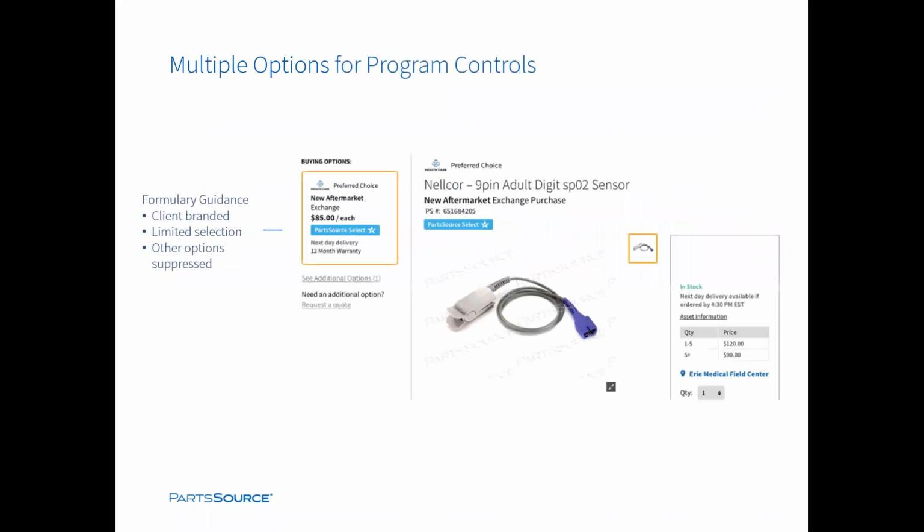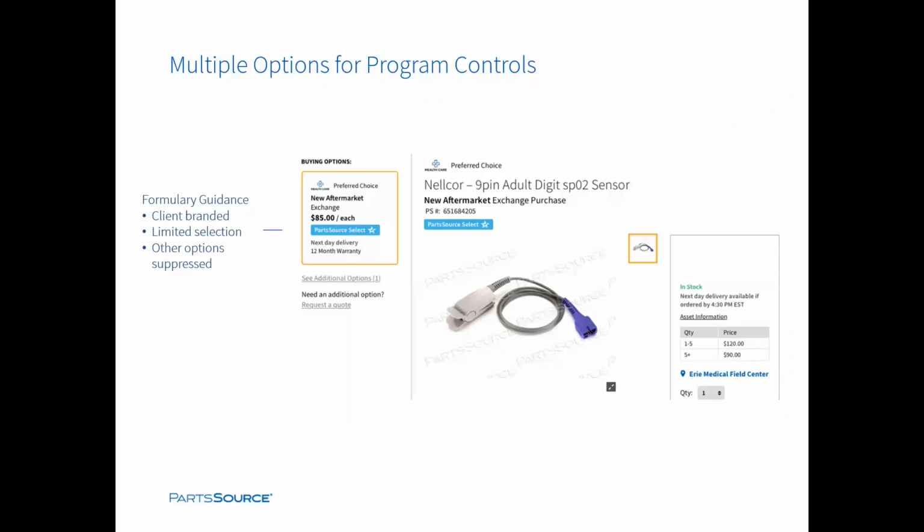So I wanted to give everyone a sneak peek into a brand new customer experience that PartsSource will be launching this summer. We'll be launching our new PartsSource.com platform, and I wanted to give you a sneak peek of some of the new functionality that will be a part of that launch, specific to the topic of formularies.